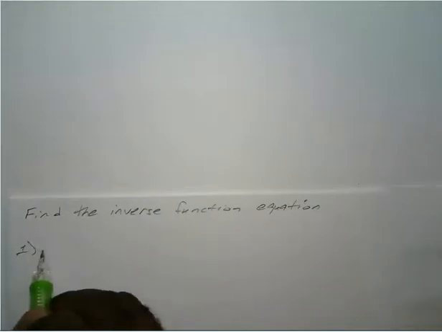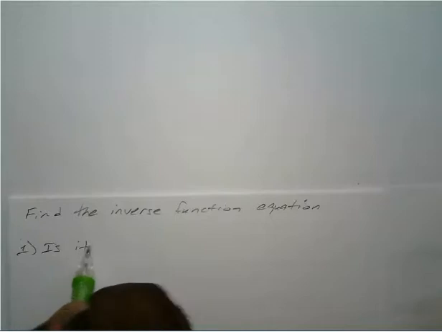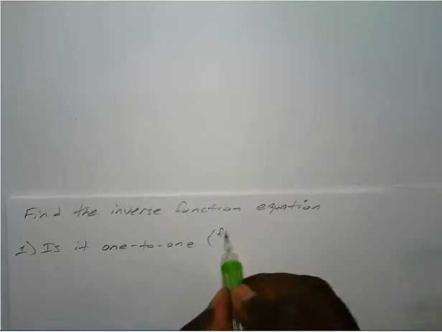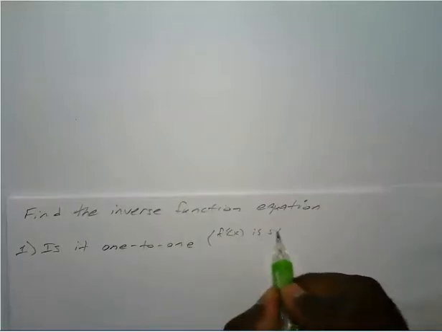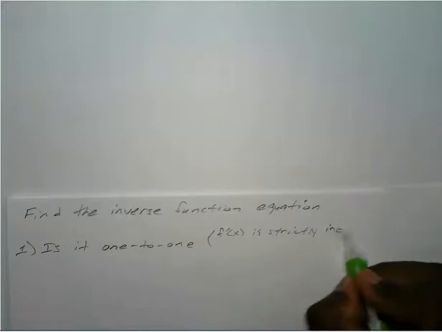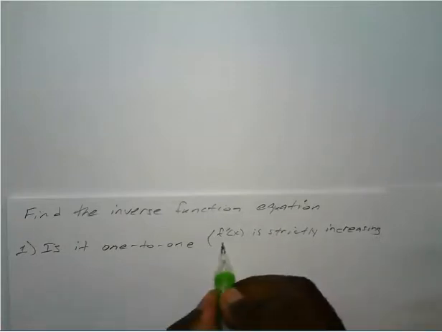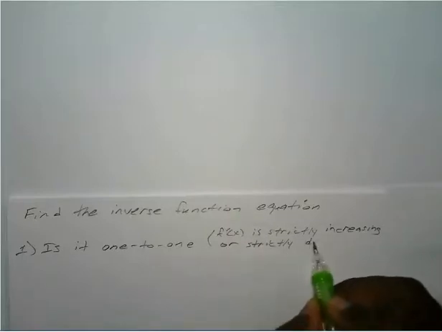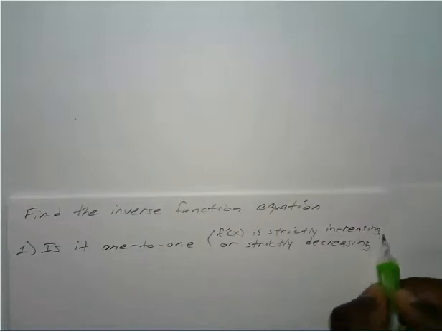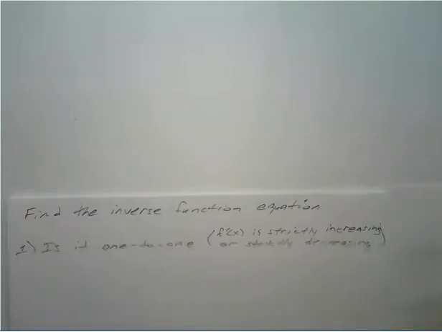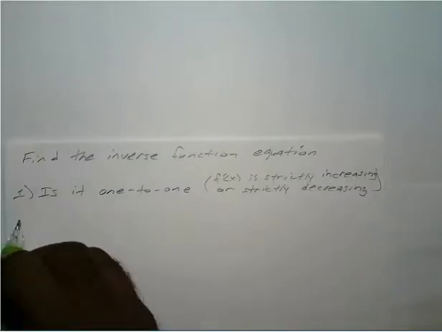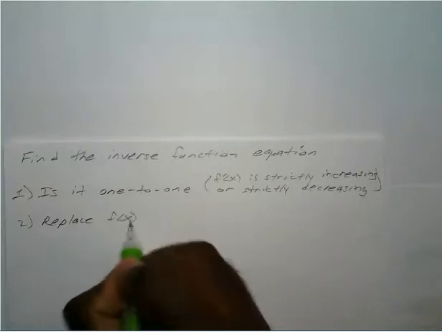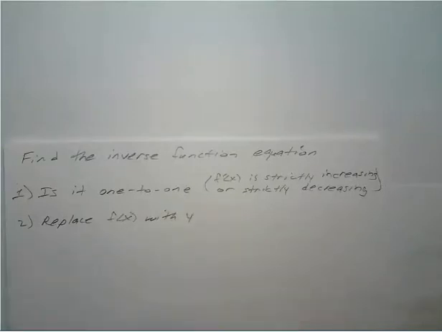Okay. So 1, we want to find out, just like we did before, is it 1 to 1? See if f prime of x is strictly increasing or strictly decreasing. Okay, once you find out that's the case, 2, you replace f of x with y.